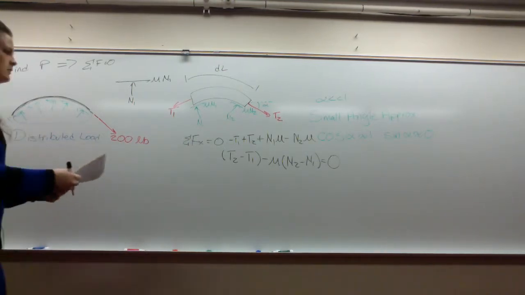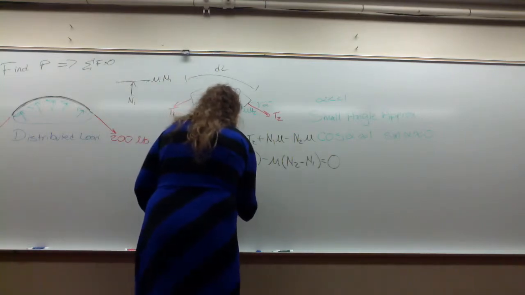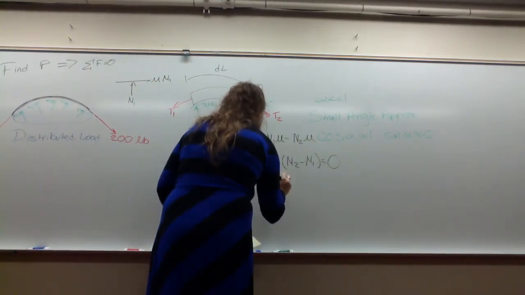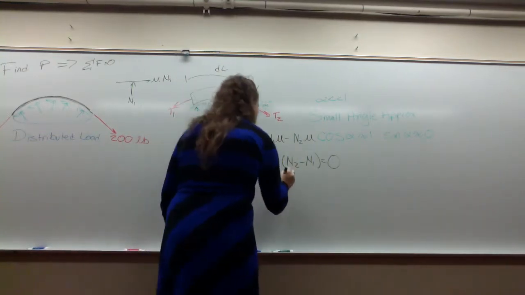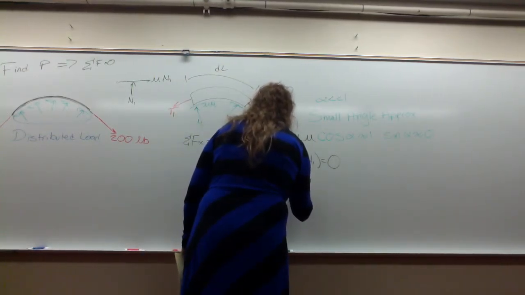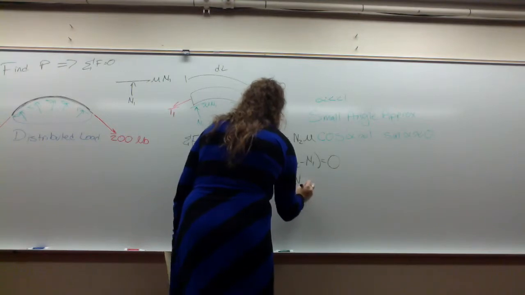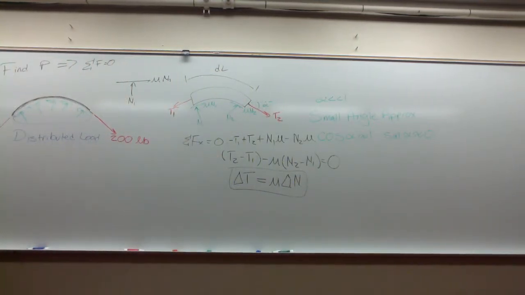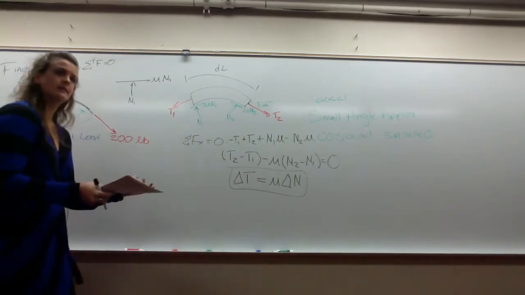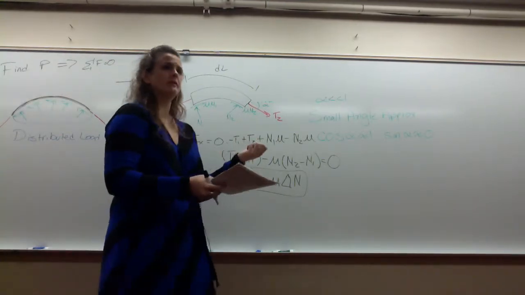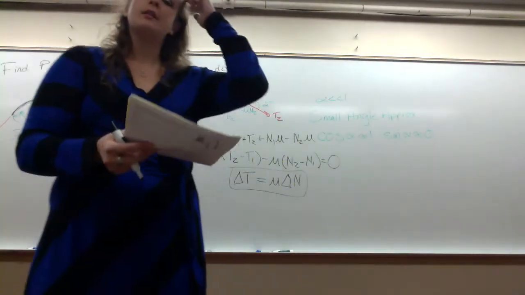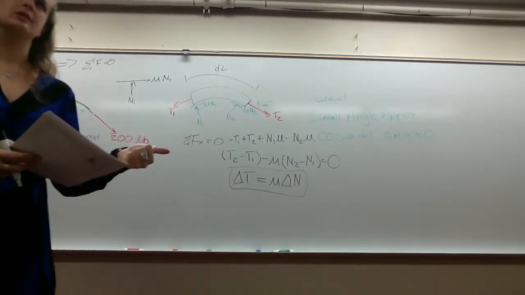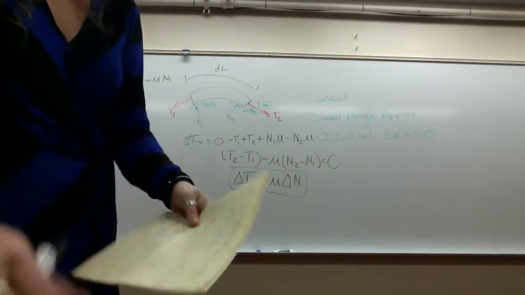So the change in tension is equal to the friction times the change in the normal force. So these tensions are not constant, but it is equivalent to the change in normal force. And to relate those two tensions, that's what you read about last night.